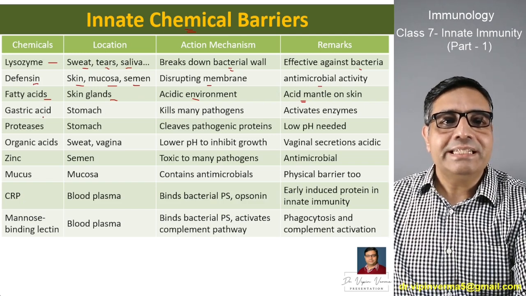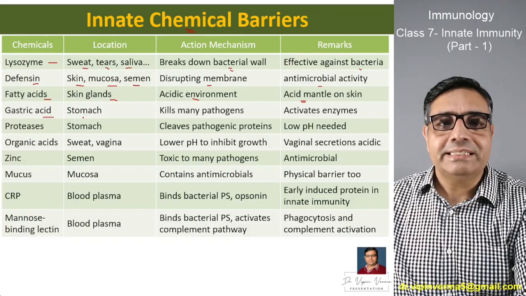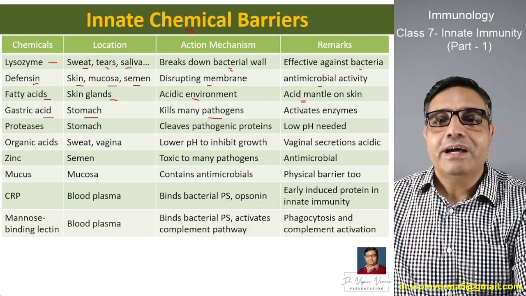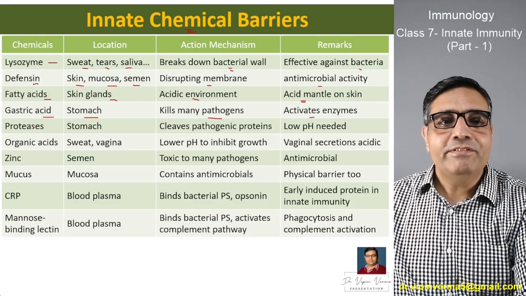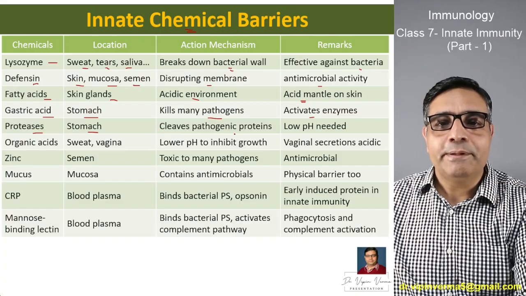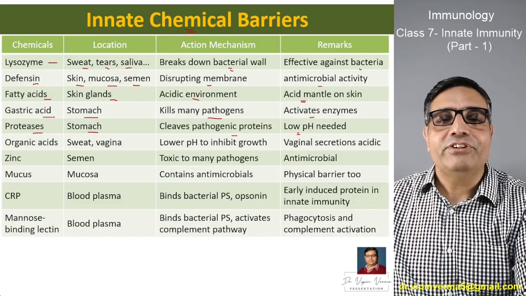Then we have the gastric acid. This is a classic example in the stomach. It kills many pathogens and it also activates our gastric enzymes. Then we have the proteases, which are also produced in the stomach. They cleave pathogenic proteins and require low pH, and this low pH is given by the gastric acid.